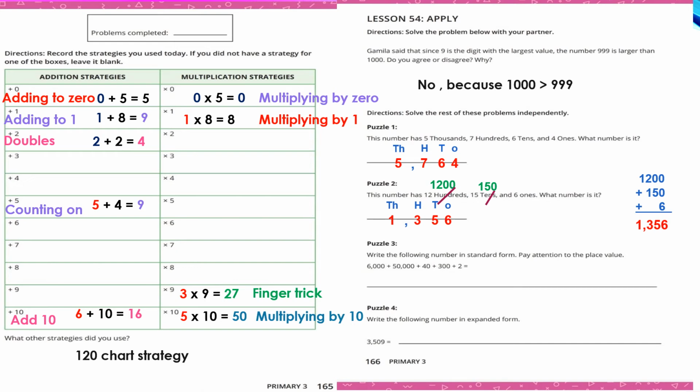Number 3. Write the following number in standard form. Okay, let's collect all of this number in one number. What shall we do? Put the place value on the result. Ones, tens, hundreds, comma, after 3 digits we must put comma, thousands and 10,000s. Here, 6 and has 3 zeros.